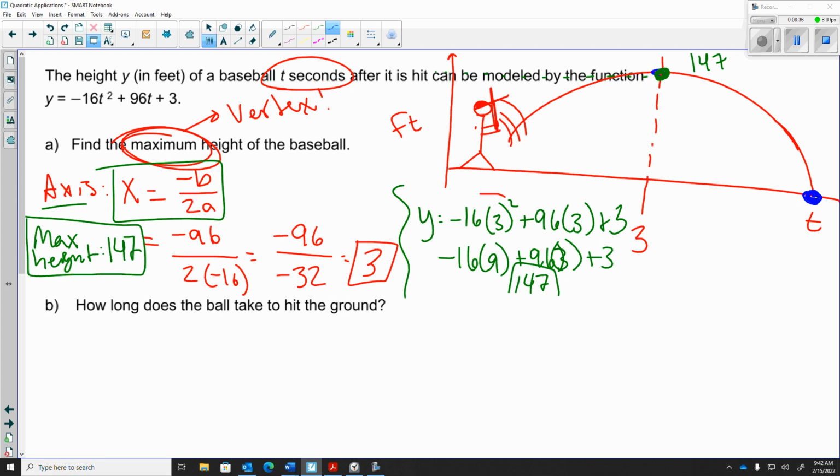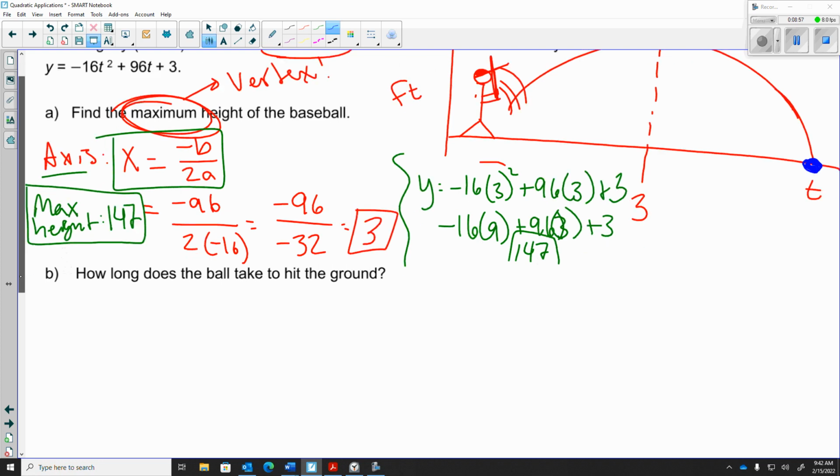That'll tell you whether or not the x-intercept is a real number. We got to solve it, right? All week we've been talking about finding the x-intercepts. That's solving a quadratic equation. So in order to find how long it takes to hit the ground, we need to solve it.